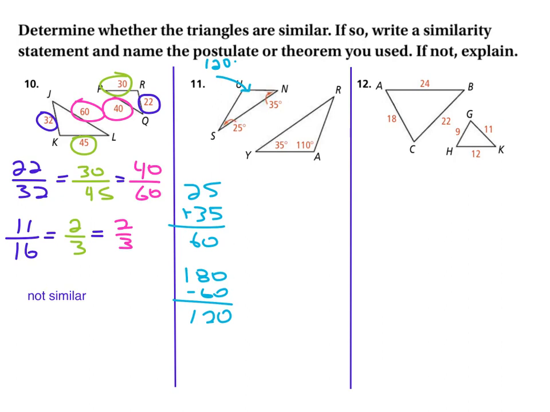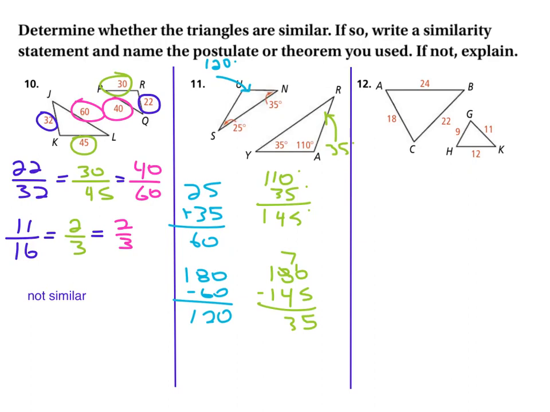Okay, and we'll do the same thing for this one. In order to find out what that angle is, we'd have to add 110 and 35. What we're checking is whether we actually have the same angles on these. That's 145. So then we do 180 minus 145, and that angle is 35 degrees.